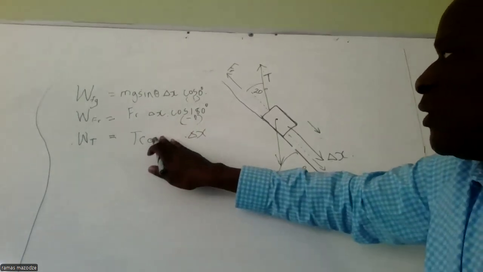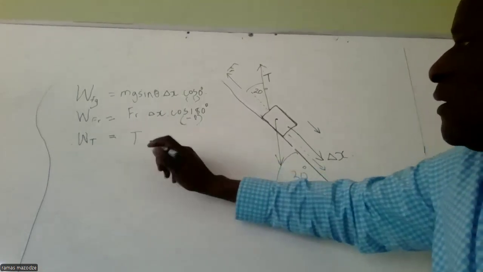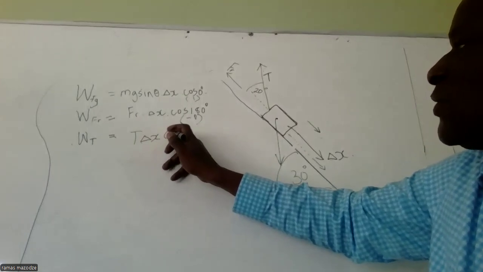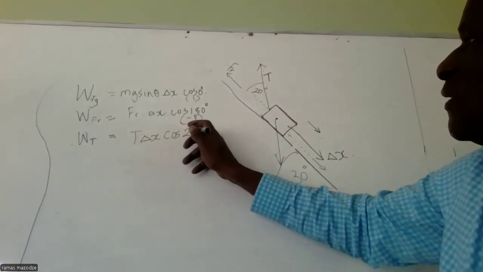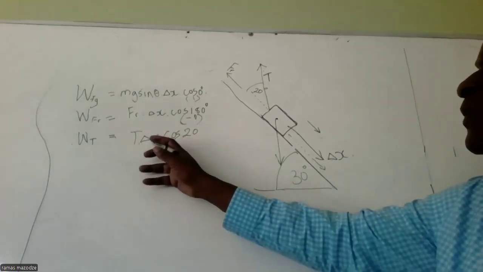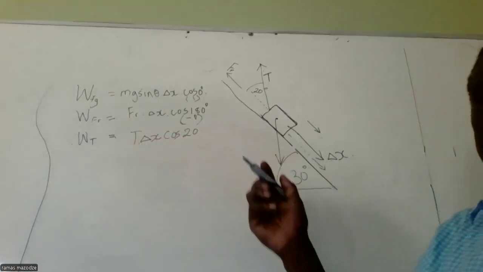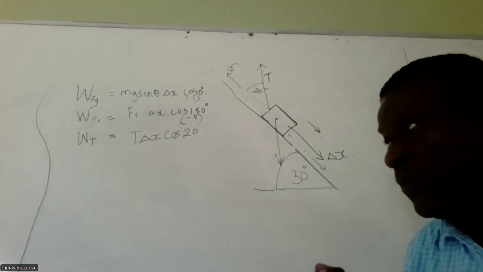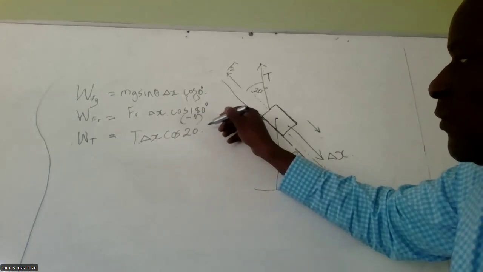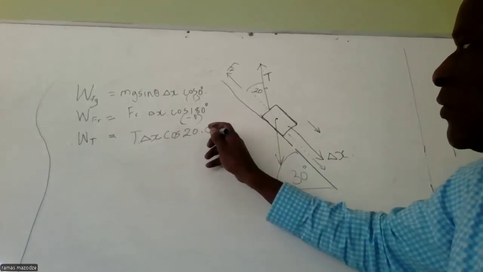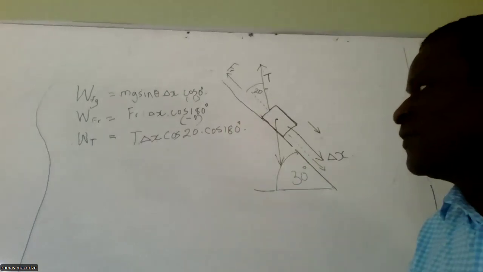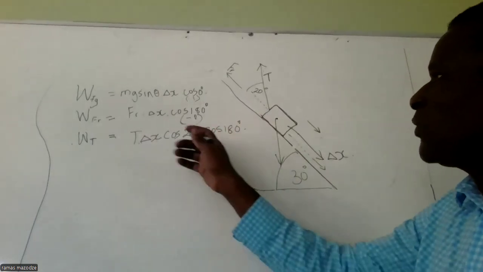It's actually better to put delta x first, because if you put delta x after the 20, some learners struggle with the numbers. So it's T cos 20 delta x, then multiply this by cos 180 degrees. That will give you the work done. It will also be negative work.